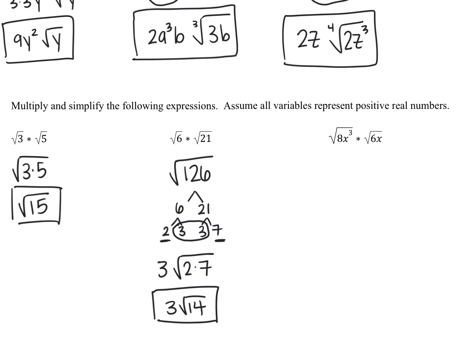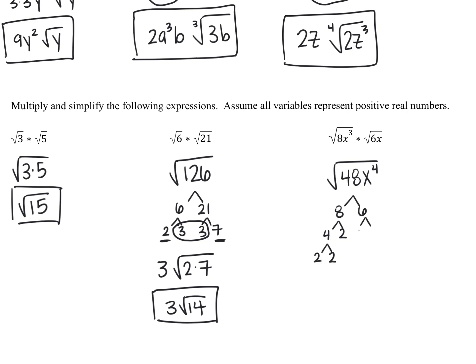Lastly, we have the square root of 8x cubed times the square root of 6x. So I'm going to go ahead and multiply. 8 times 6 is 48. x cubed times x is x to the 4th. So I break down 48. I can break it down as 8 times 6. 8 becomes 4 times 2, which then 4 becomes 2 times 2.